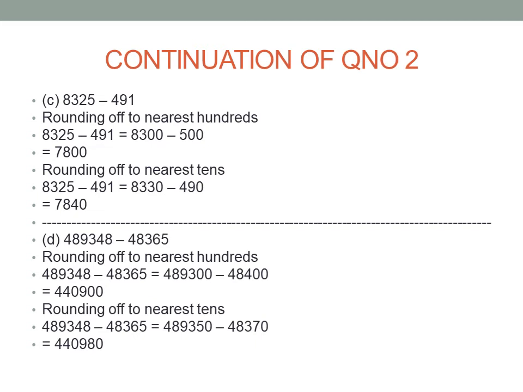We obtain the number only by changing 48 and 65. Now after rounding off, the number obtained is 4,89,350 minus 48,370. If you do the subtraction, you will get the answer as 4,40,980. Hope it is clear to you.